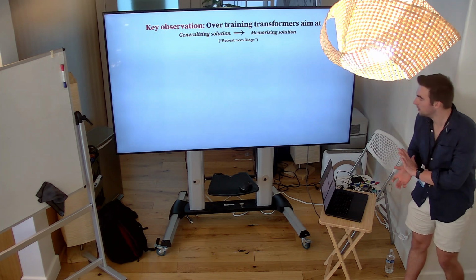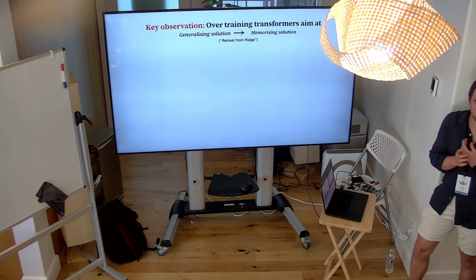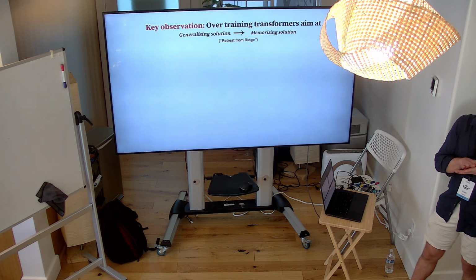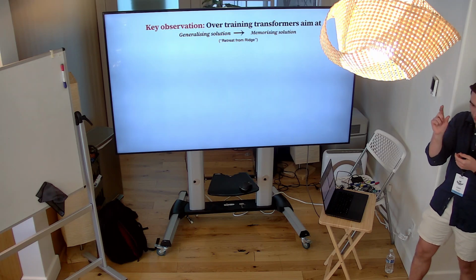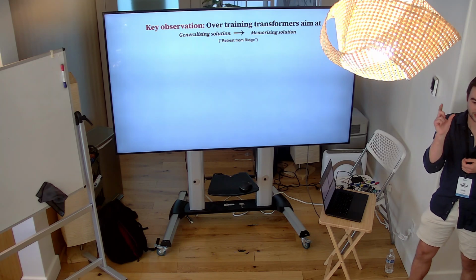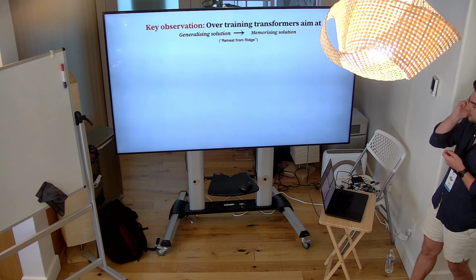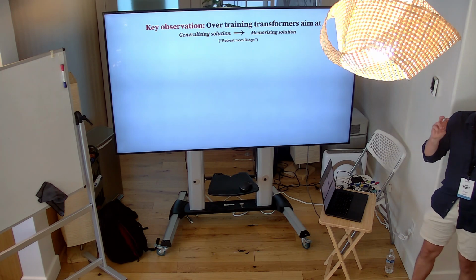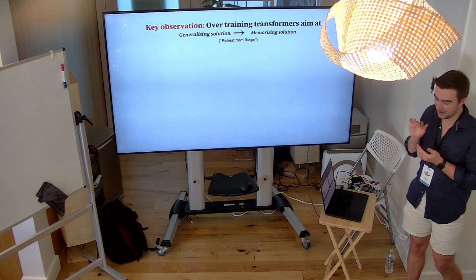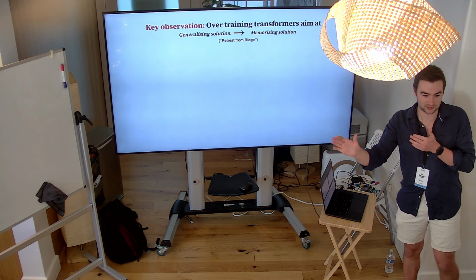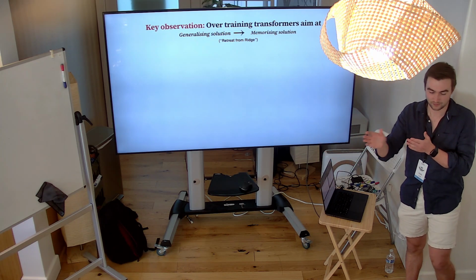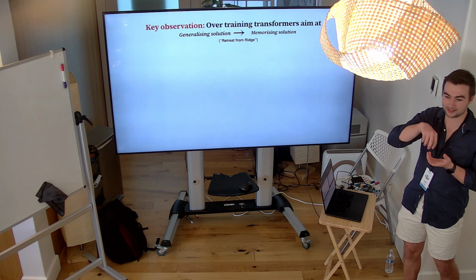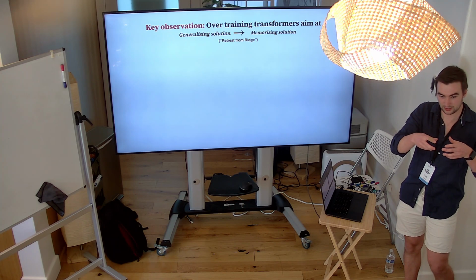So the key observation that I'm going to talk about this morning is that over the course of training, we see that there is a certain band of task diversity M values for which the models undergo this so-called retreat from ridge, where they start to aim towards a generalizing solution, generalizing in the sense of being able to perform well on tasks that are not included in the training distribution.